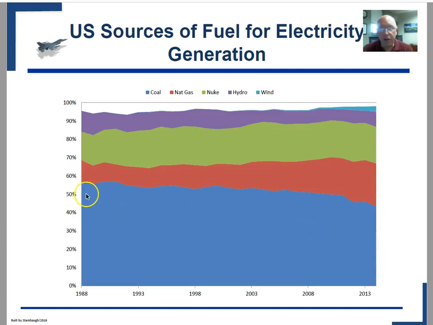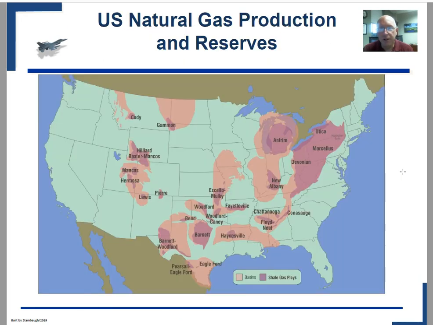We talked about the decrease of coal and the increase of natural gas in electrical generation. Make sure you understand why that happened and some of the broader consequences. Dr. Meadow did a great job in his slides, but remember, I want you to know where the Bakken is, and I don't know why it doesn't say the word Bakken here.